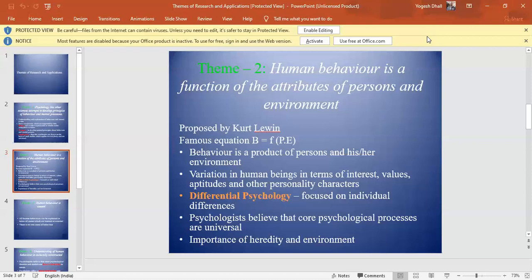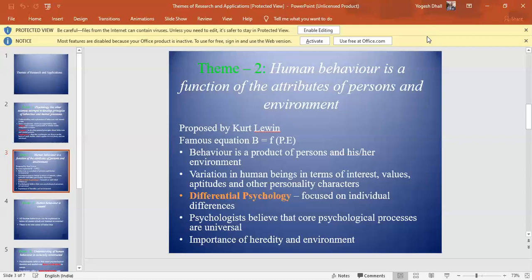Based on this, the next point is differential psychology. Differential psychology is the branch of psychology which focuses on individual differences. It means why people behave differently, why we all are different, why we find a lot of variety in attributes in various personalities.